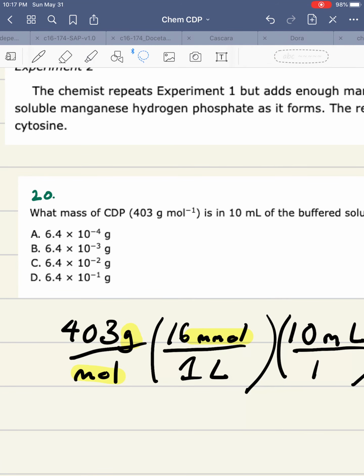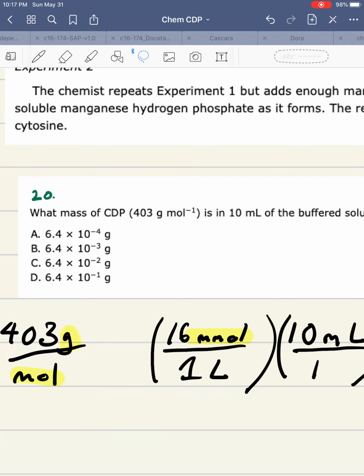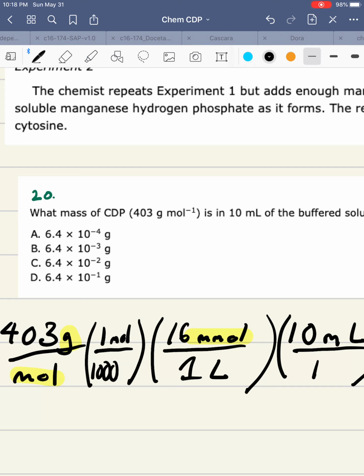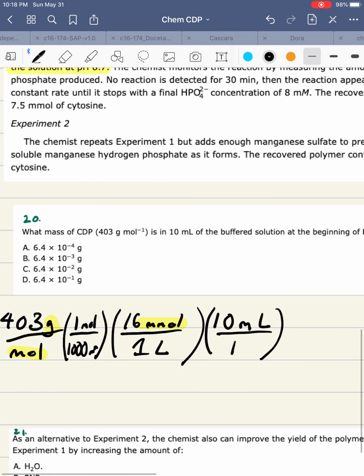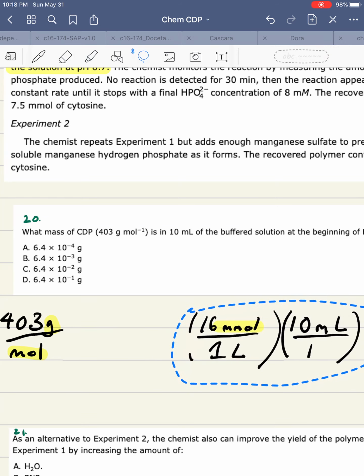So I'm just going to take my little lasso and move this over here. And I am just going to say, we know for every 1 mole, we have 1,000 millimoles.